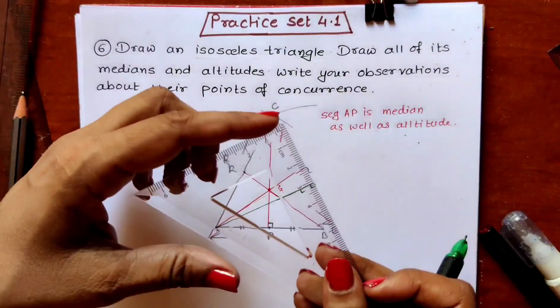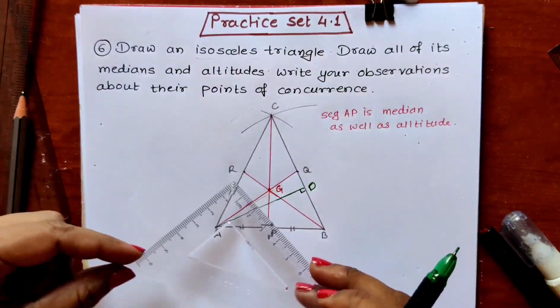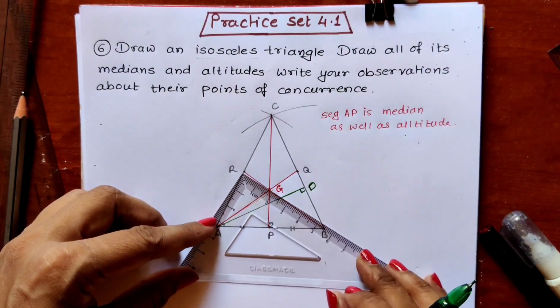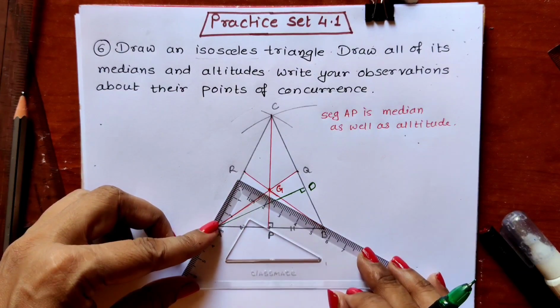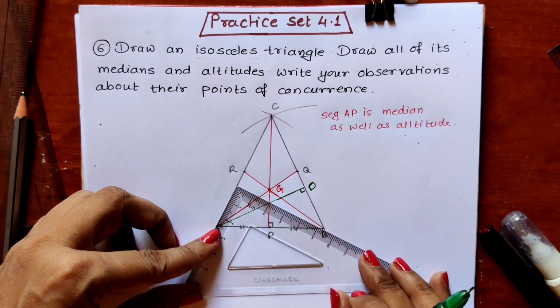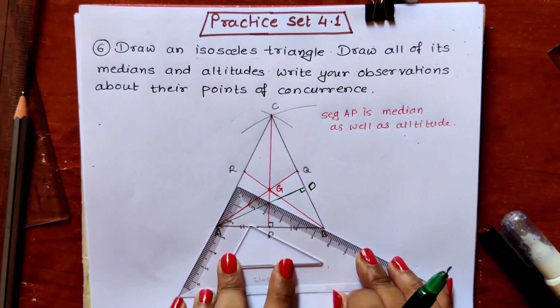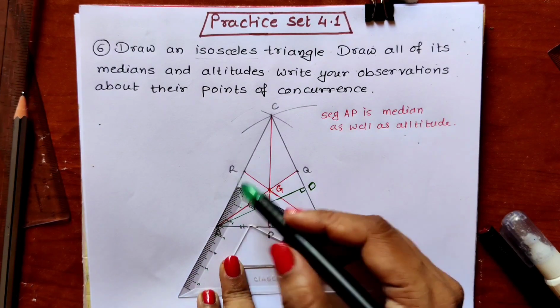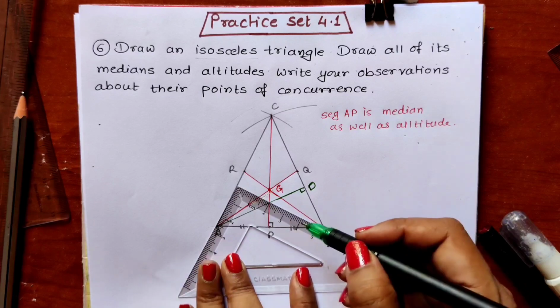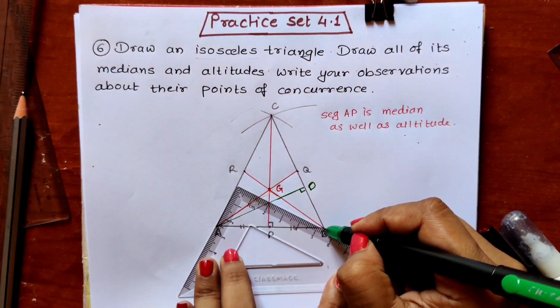One side of the set square should match with AC and the other side should pass through point B. Let us do this. In this way you all can see that this side is coinciding with side AC and this side is passing through point B. And now we will be drawing the third altitude.